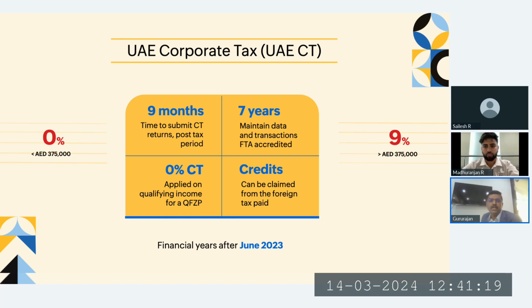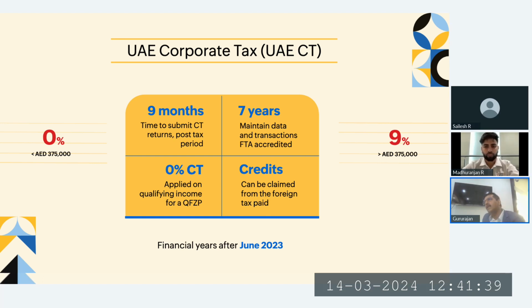And we all know the limits. Up to 375,000 profit, there is no tax, and beyond that, whatever money you make, it's 9% tax. And if you are a qualifying free zone person and your income is derived from qualifying income, there is 0% corporate tax applicability.